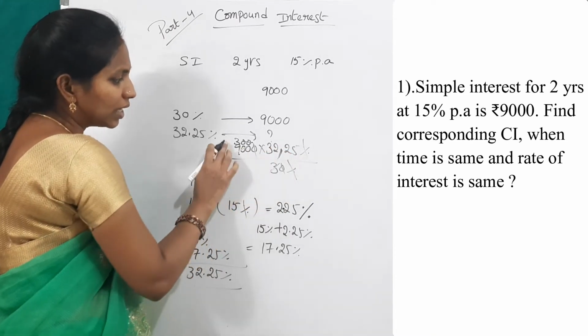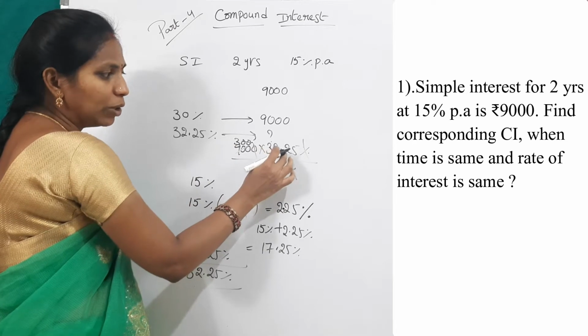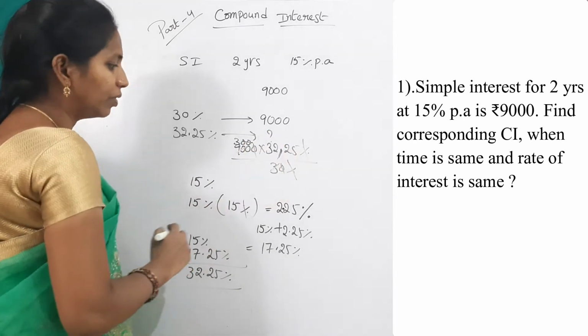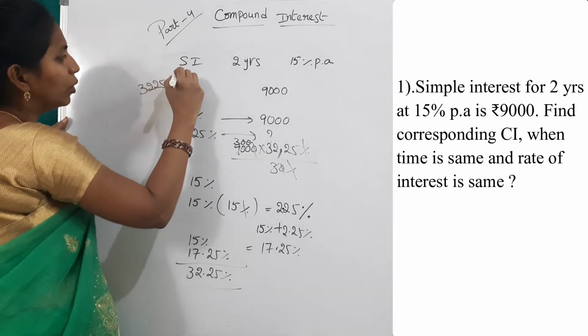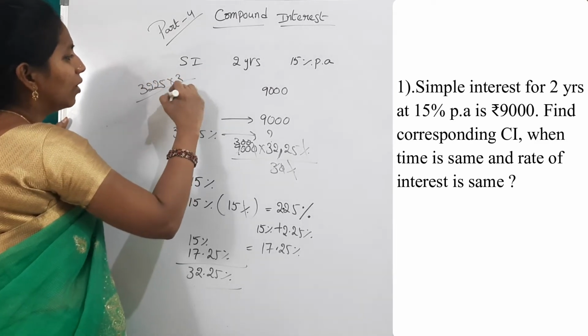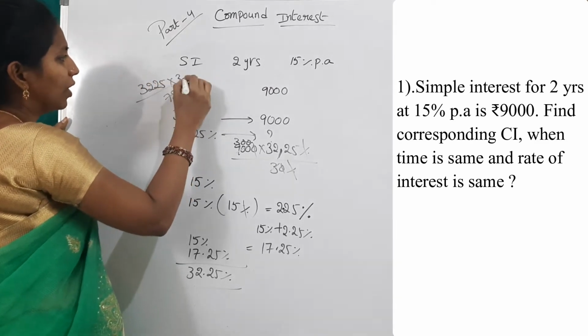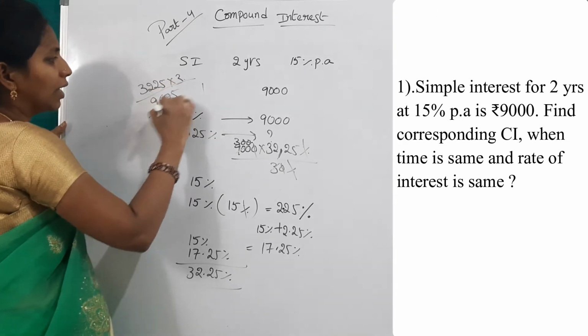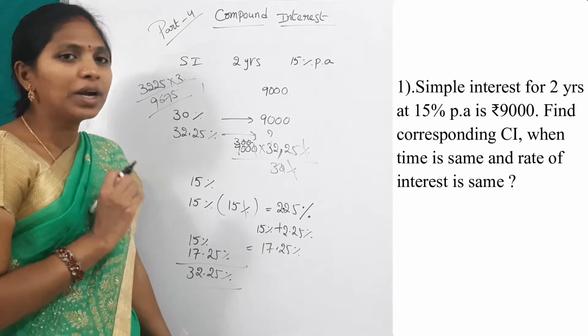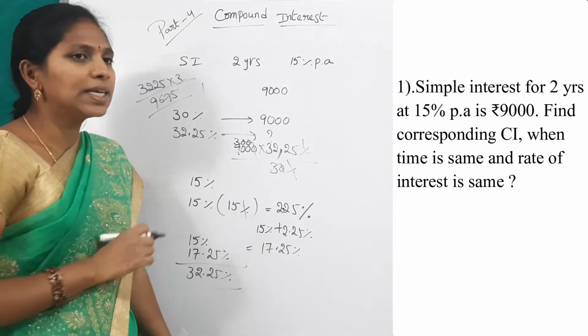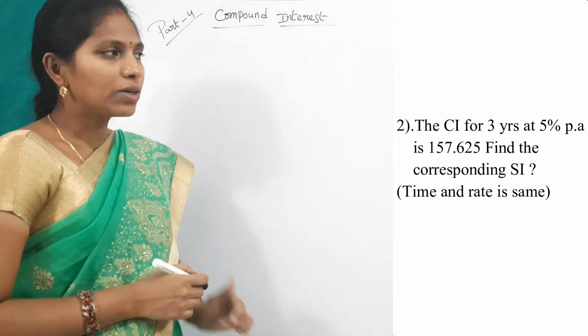So what is the result? Multiply 3225 into 3. See here 3225 into 3. What is the result? 15. 1, 6, 7, 6, 3 3s 9. 9, 6, 7, 5 is the answer. Corresponding compound interest is 9,675. Now see second question.